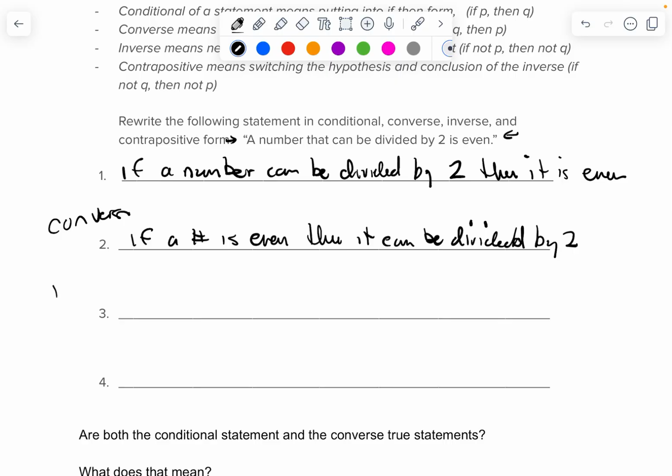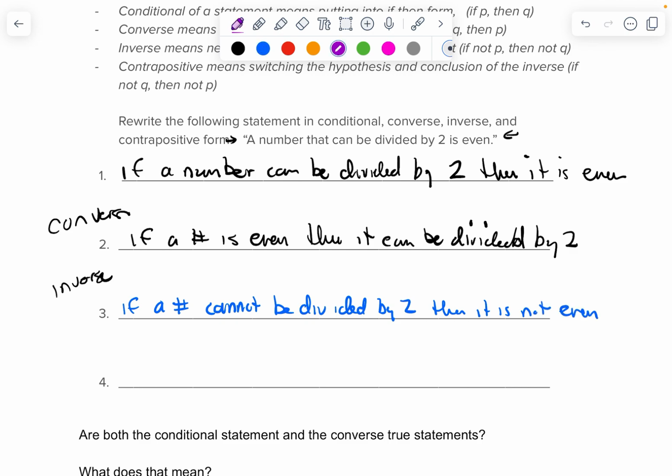The inverse means I'm switching meanings, I'm using not. So if a number cannot be divided by 2, then it is not even.